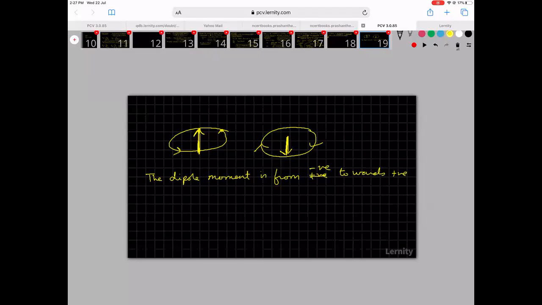So from the south pole, down is the south pole, from the south pole towards the positive pole. Up is the south pole, from the south pole towards the positive pole. So dipole moment is from the negative pole to the positive pole. Okay, so for anti-clockwise, it is positive. For clockwise, it is negative.